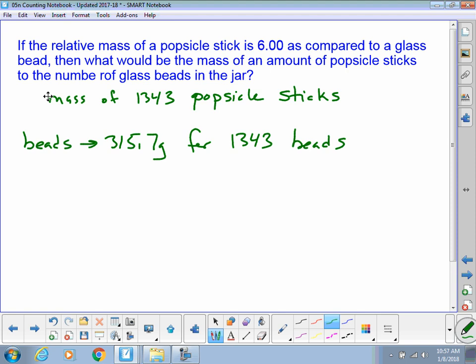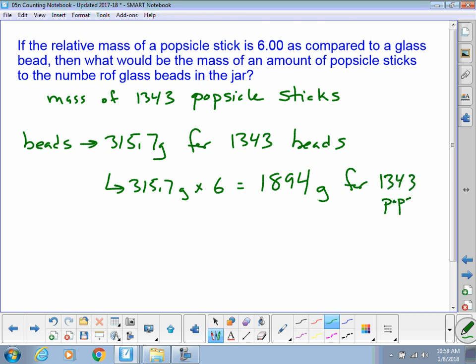And since we know that the relative mass is 6, that means that the mass of the same number of popsicle sticks should be 6 times greater. So if we take 315.7 times 6, that gives us 1,894 grams for 1,343 popsicle sticks.